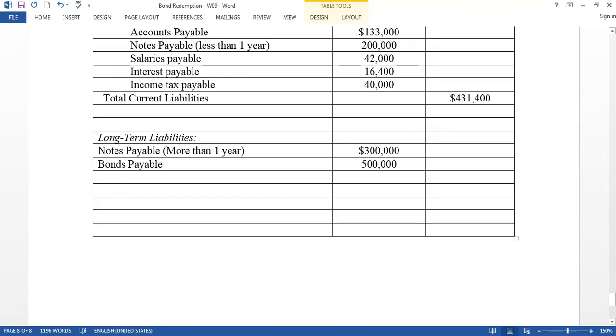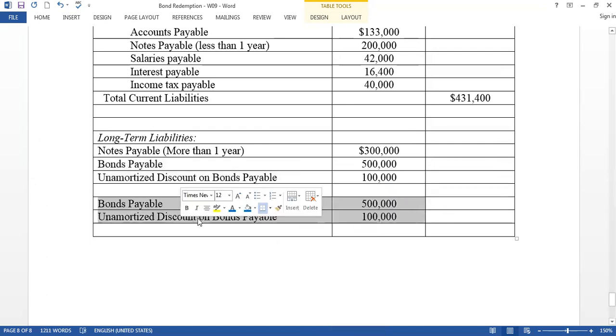Then if we have any unamortized discount, for example $100,000, and I can copy this for another one, unamortized premium on bonds. So try to understand this too.